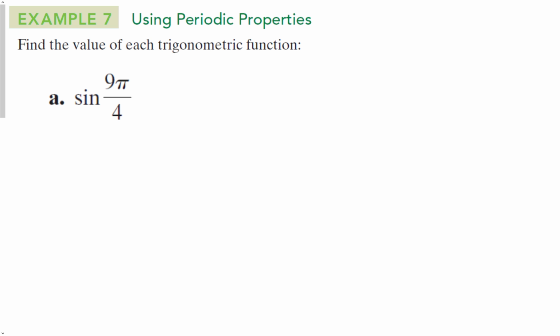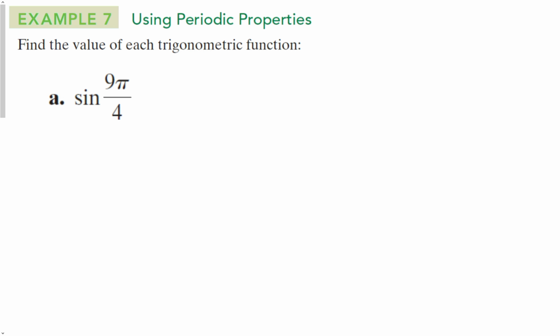Okay, so what does this let us do? It lets us now find the sine and the cosine and the tangent of numbers like this, numbers that are bigger than 2 pi.